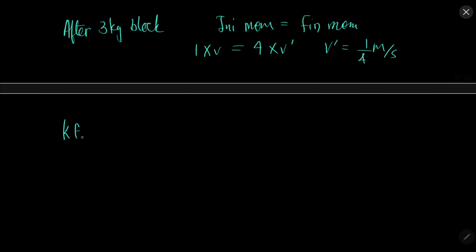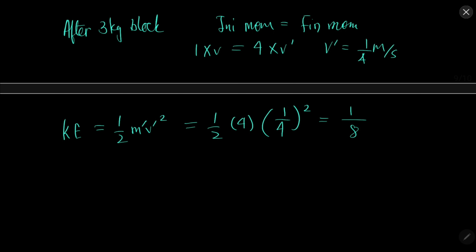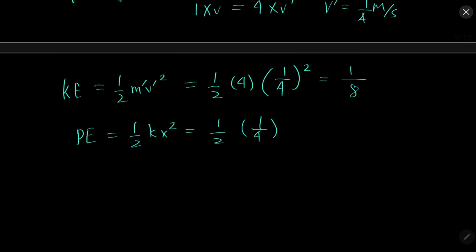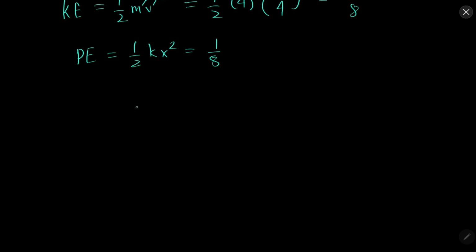So kinetic energy, half m dash v dash square equal to half into 4 into 1 by 4 square, which will give us 1 by 8. Potential energy, half kx square, is half into 1 by 4, or 1 by 8, equal to kinetic energy. Therefore, the amplitude will come out to be 5 centimeter.